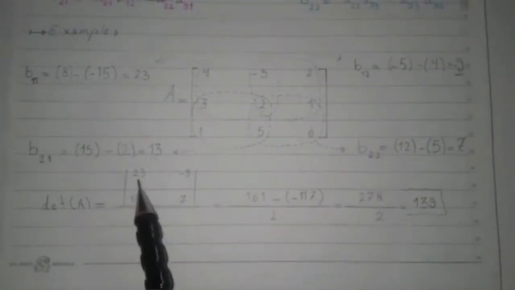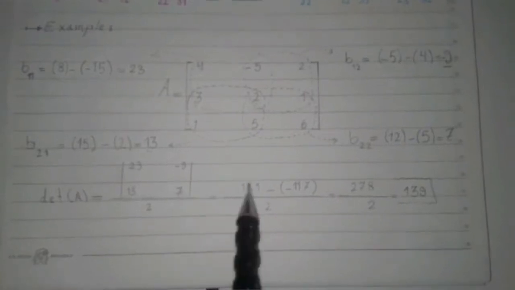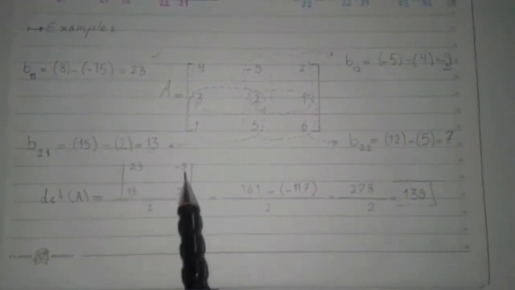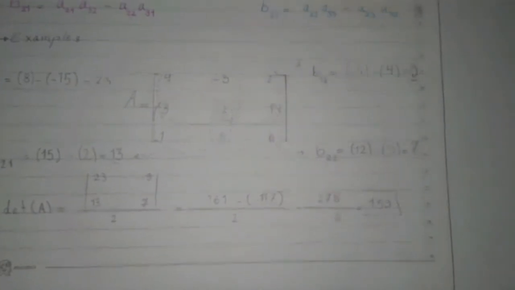And the determinant of this matrix is going to be 23 multiplied by 7 minus negative 9 multiplied by 13, which is going to be 161 minus negative 117, which is going to be overall 278 over 2, and we get to the same answer as we got in the previous video, 139.